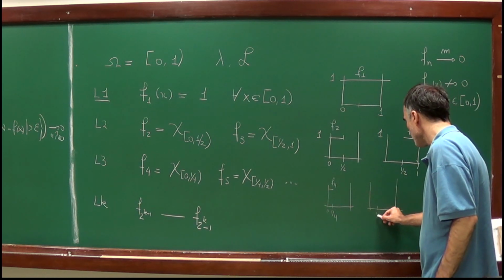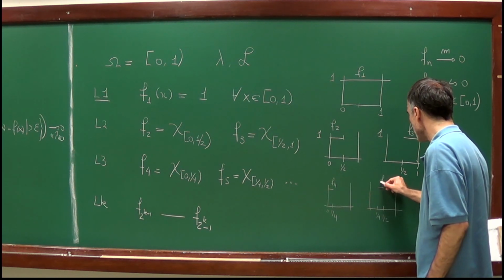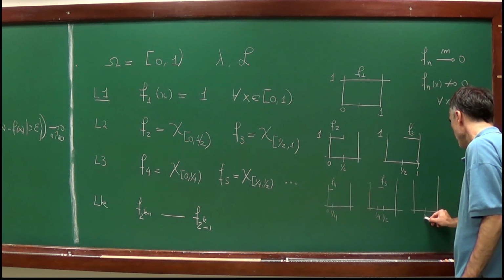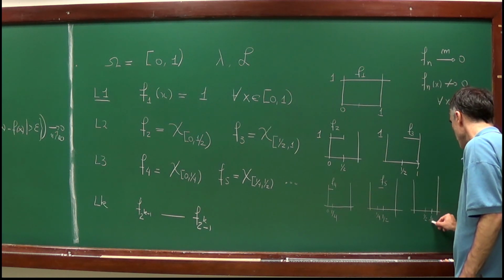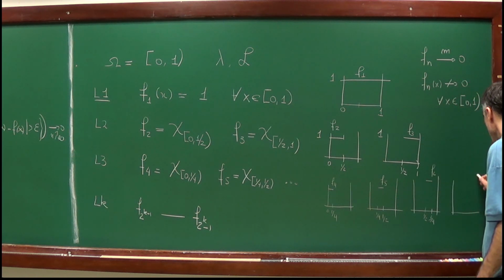Then from 1/4 to 1/2 we have the function f_5. From 1/2 up to 3/4 this is the function f_6. And then from 3/4 to 1 we have the function f_7.